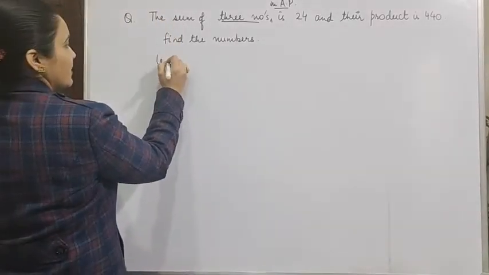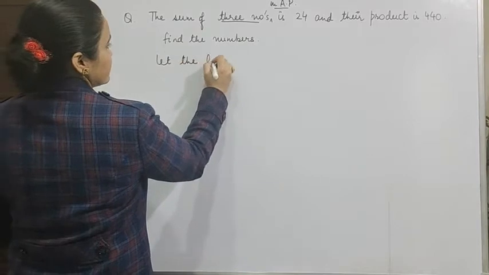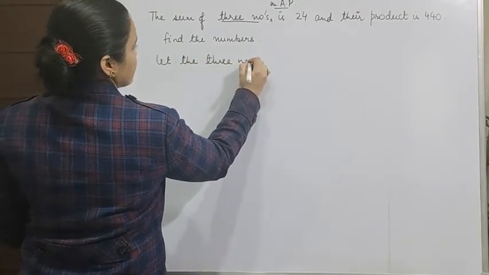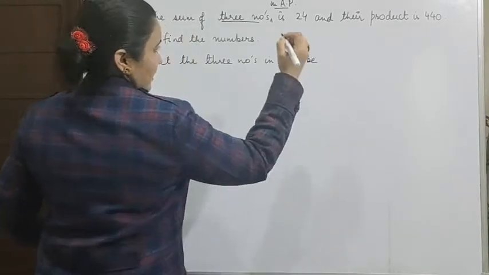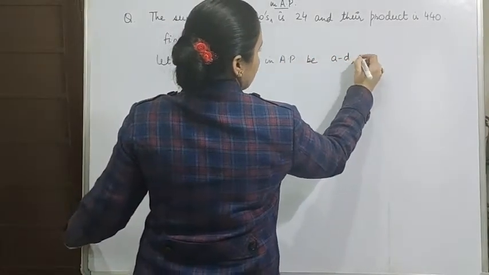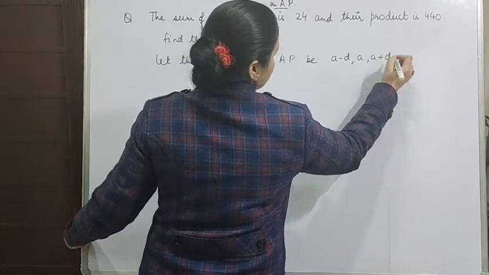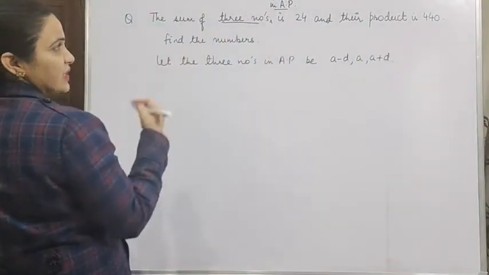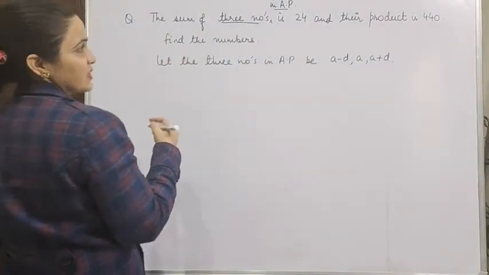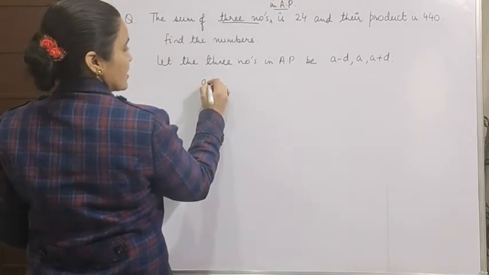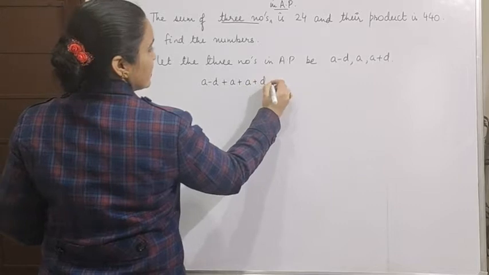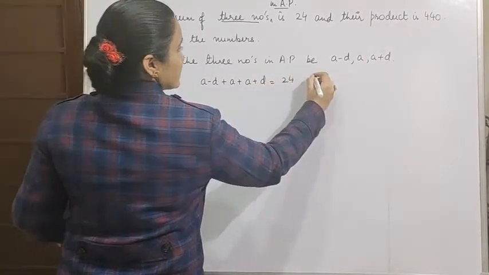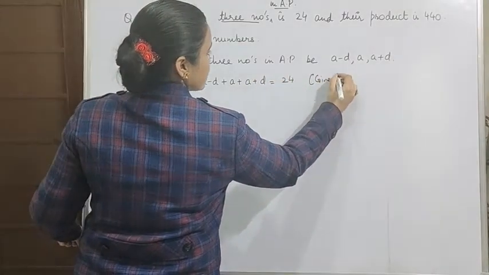So let the three numbers in AP be A minus D, A, A plus D. We are given that the sum of these three numbers is 24. So we have A minus D plus A plus A plus D is equal to 24. This is what is given to us.